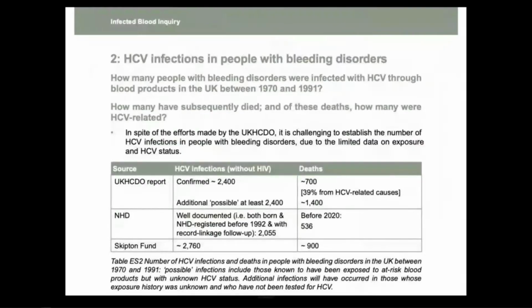Having looked at HIV, then we turn to HCV to add those on. Do I understand from page 2, thank you, that this chart, this table, does not double count any of the deaths which are referred to in table 1?